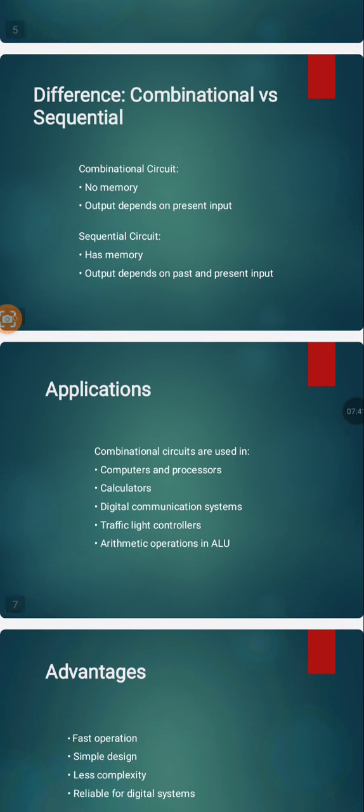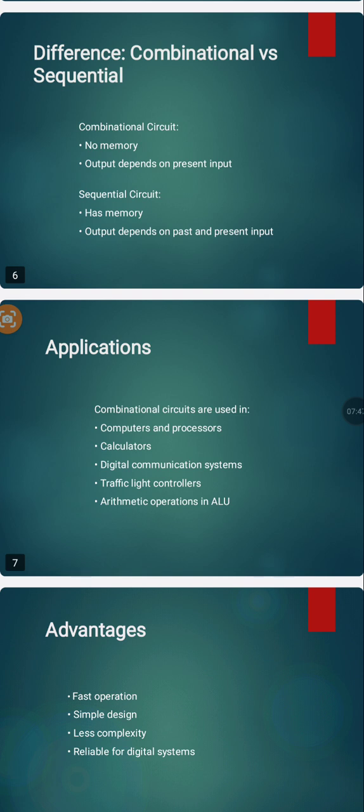So both act as memory elements. Combinational circuits only depend on the present input, but in sequential circuits the output depends on both present input and previous inputs.